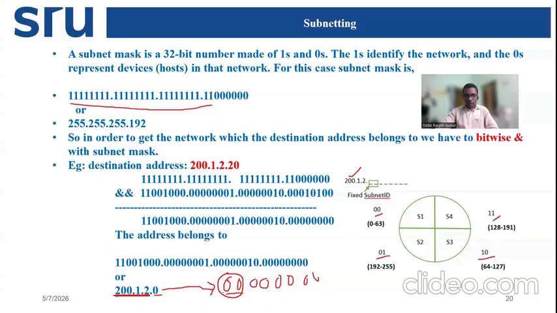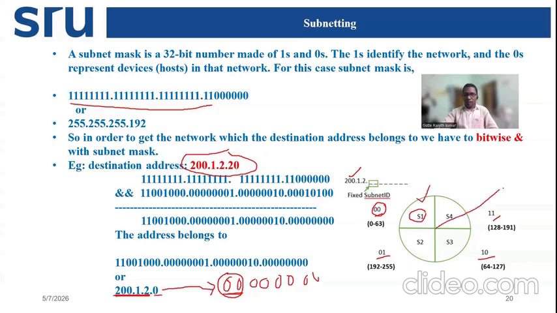So what are the next 2 bits here? 00. Where is that 00? Here we have the 00. 00 is the subnetwork address of this one. Then the router will decide that the destination system lies in this subnetwork S1.